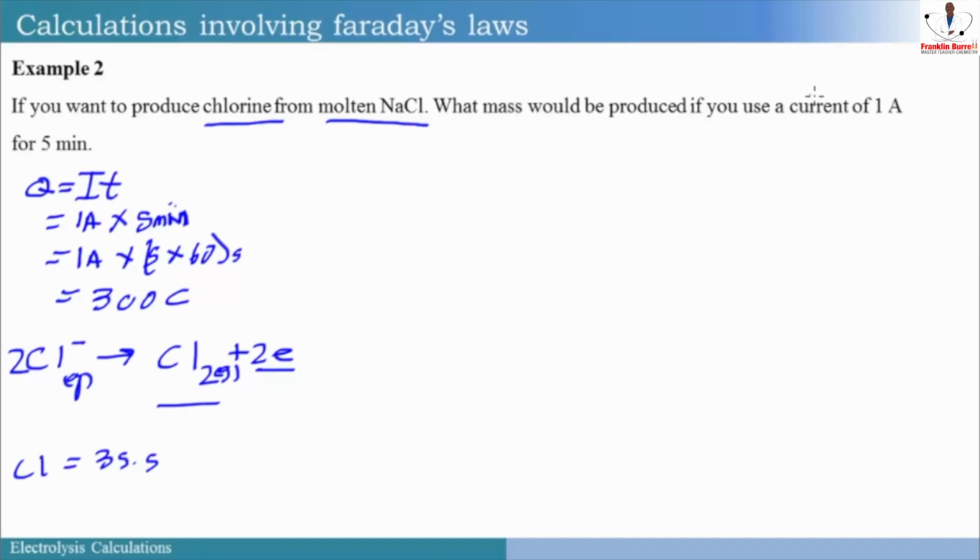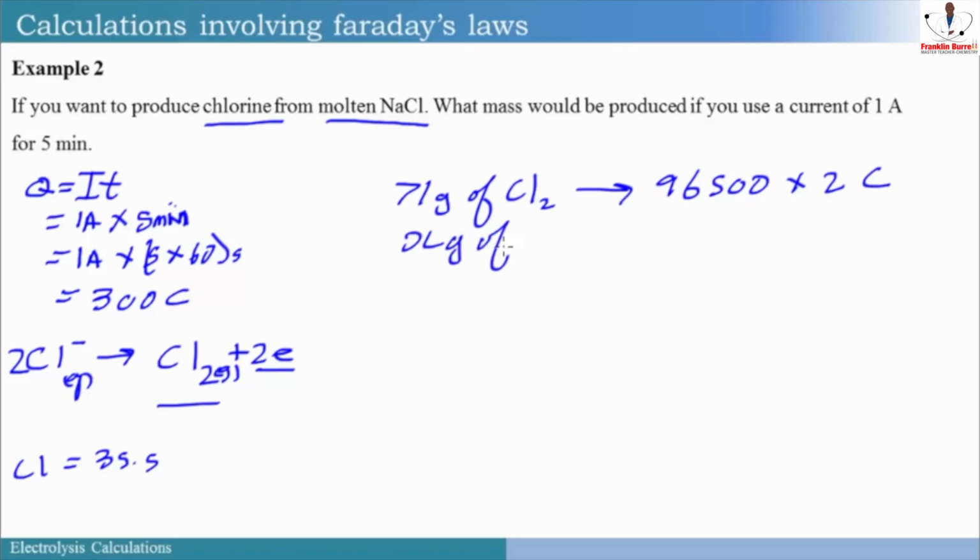So in order to find the mass produced, 71 grams of chlorine would produce 96500 times 2 coulombs. So what mass of chlorine will be produced from a charge of 300 coulombs?